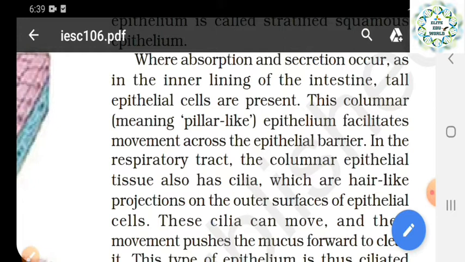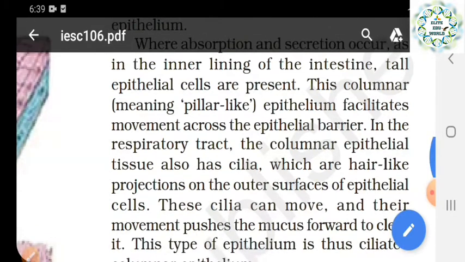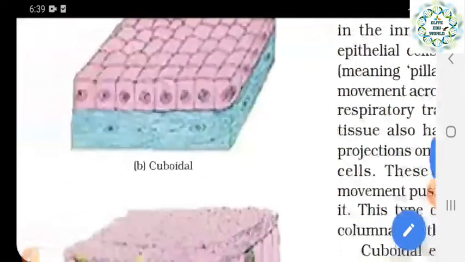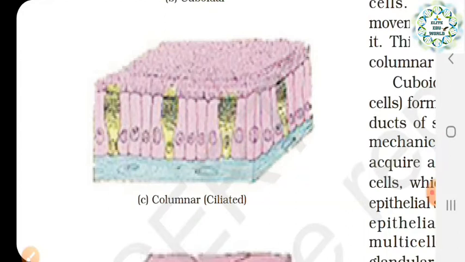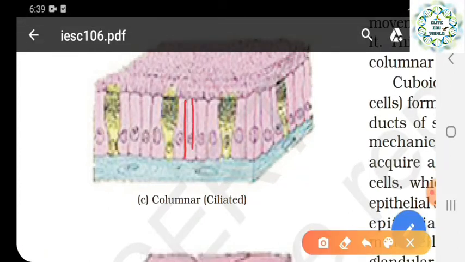Cells are present, and this is columnar, meaning pillar like. The epithelium facilitates the movement across the epithelial barrier. So now there is a type called columnar epithelium. Because it looks like a pillar shape, the cells make column like structures, very straight.